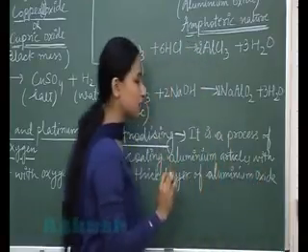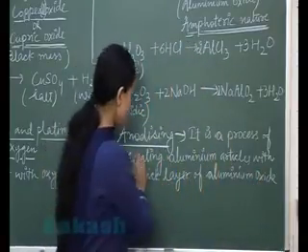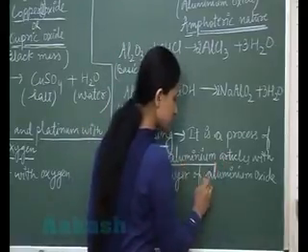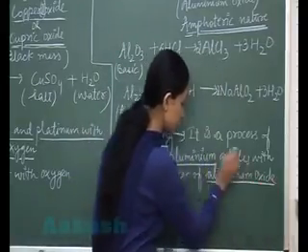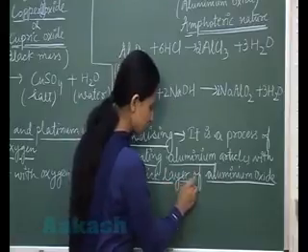So students, this anodizing is actually a process of coating the aluminium articles with a thick layer of aluminium oxide.